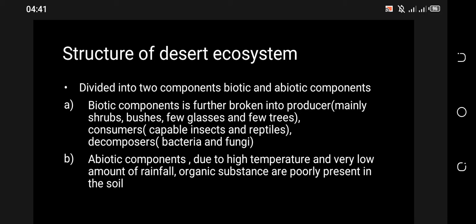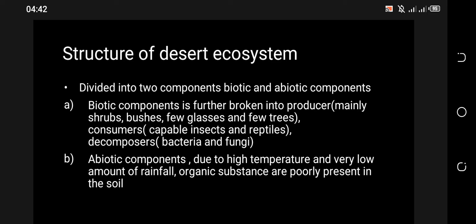An example of producers in this type of desert ecosystem on biotic component: we have shrubs, bushes, few grasses, and few trees. Due to some circumstances, there is little grass and few trees in this ecosystem. As such, even the producers in this kind of environment appear to be few in number.